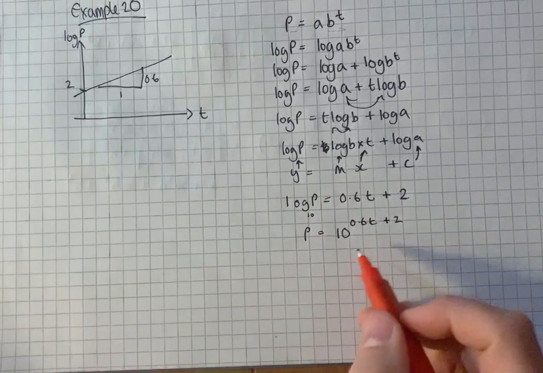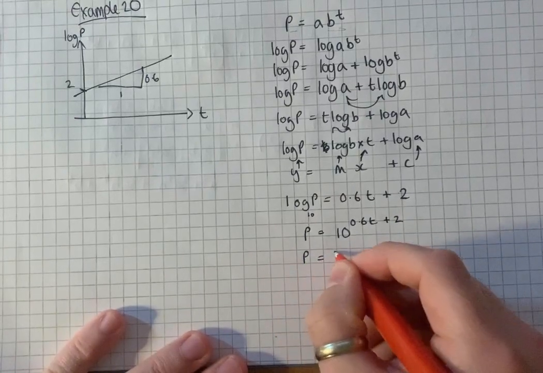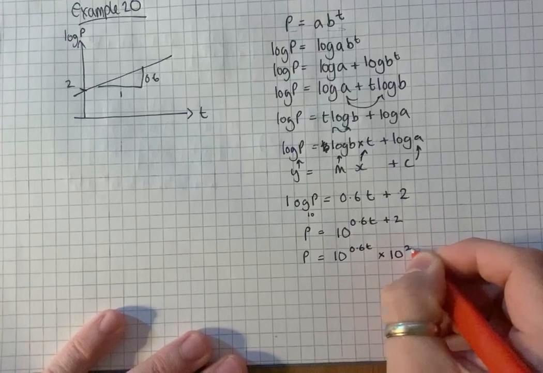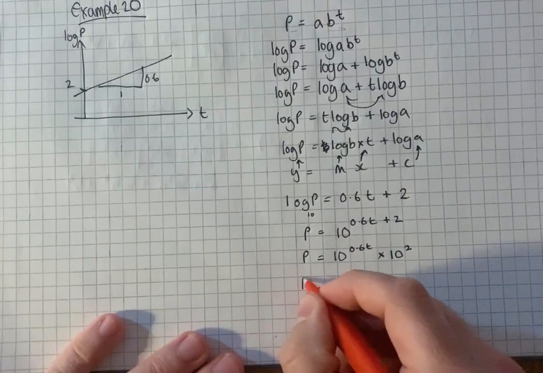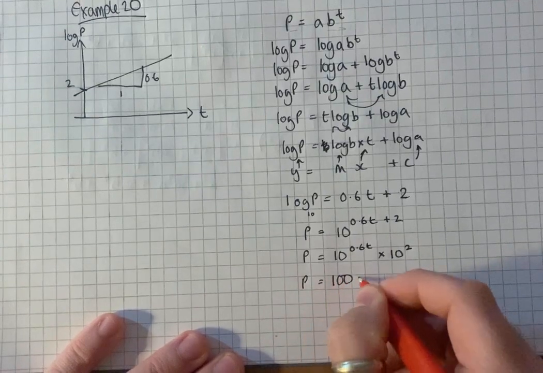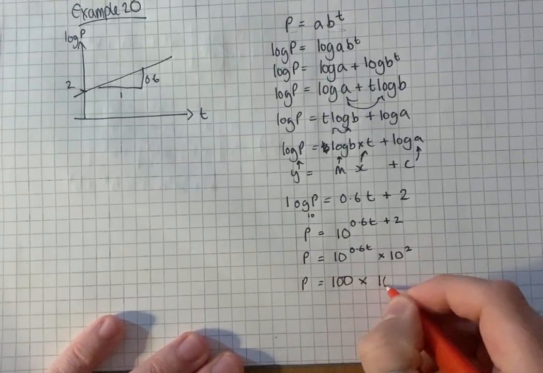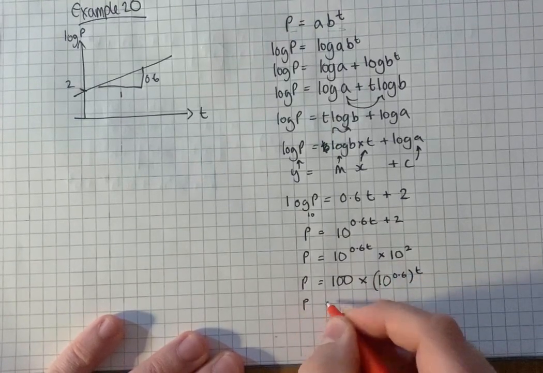We could split this using just simple power rule. And then if we just swap these over, just to match the model.